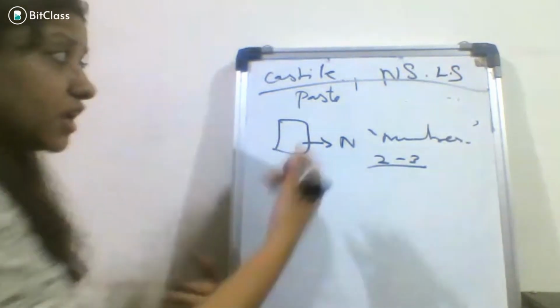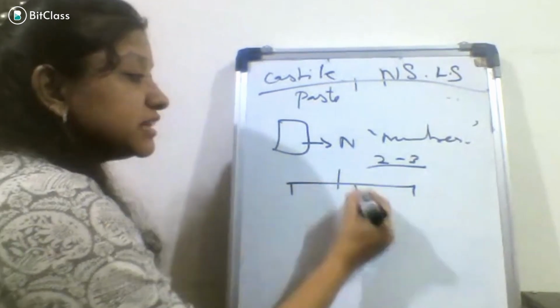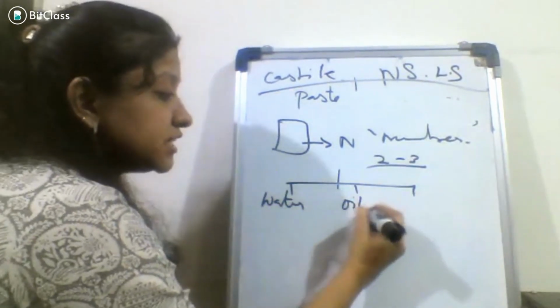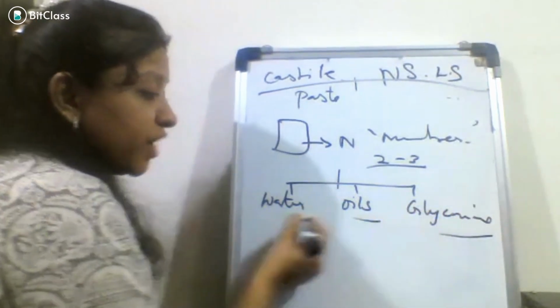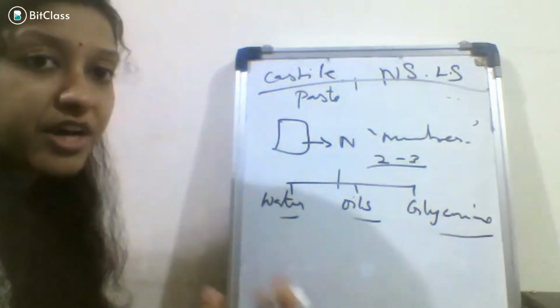Now this Castile paste will be made into a liquid using 3 things. One is water, second one is oils, and third one is glycerin. Any one of these you can use, and you can convert it into a required formula.